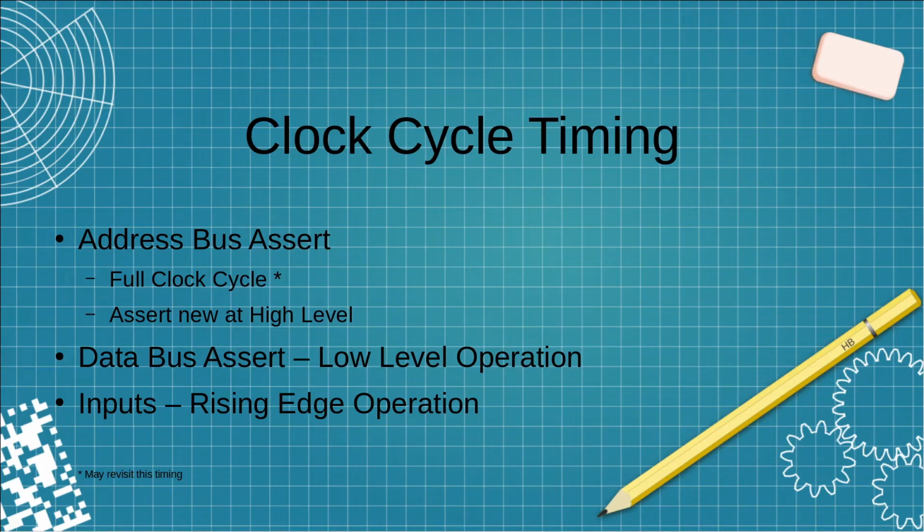The data bus assert, on the other hand, I want to take care of only at the low level operation in preparation for that rising edge, where at the rising edge we actually input or latch or store the result of that operation. And of course, I may need to revisit some of this timing as well.